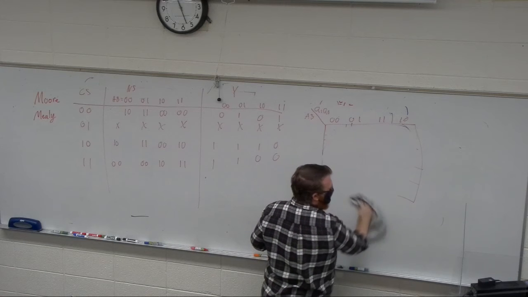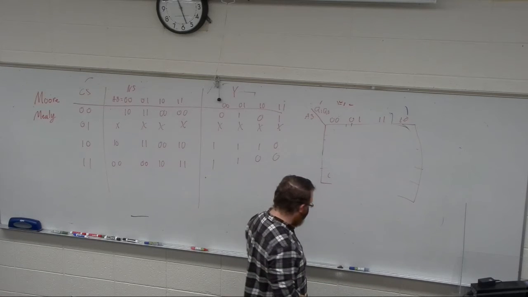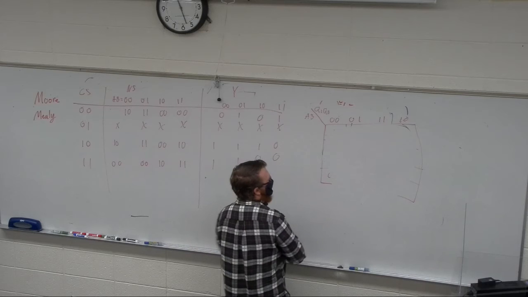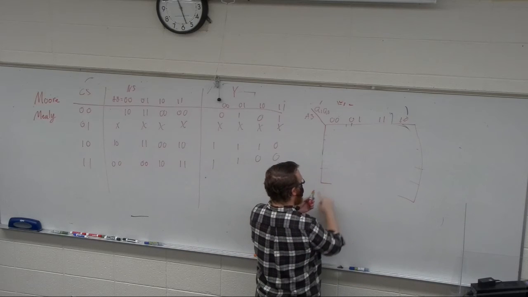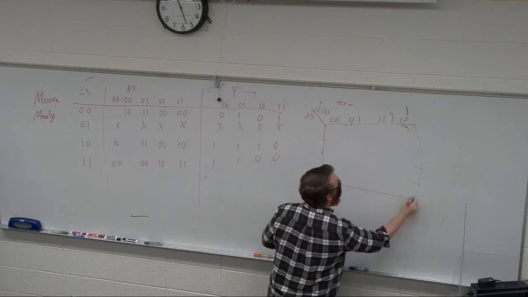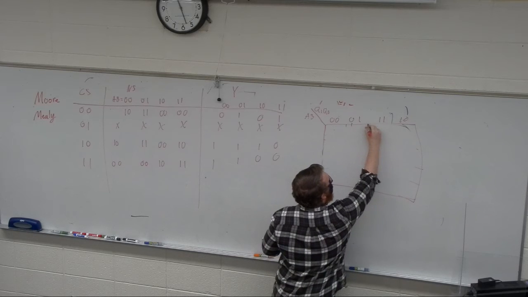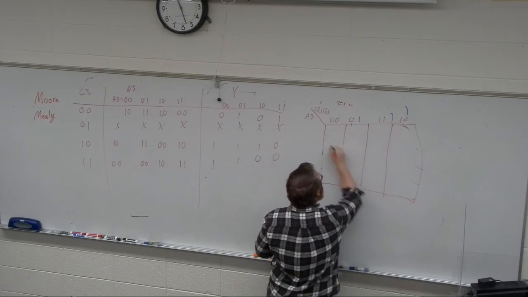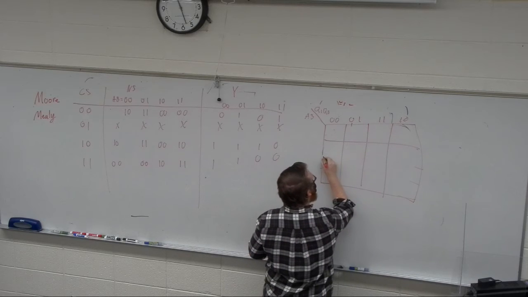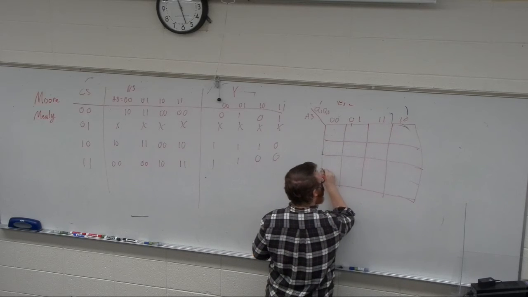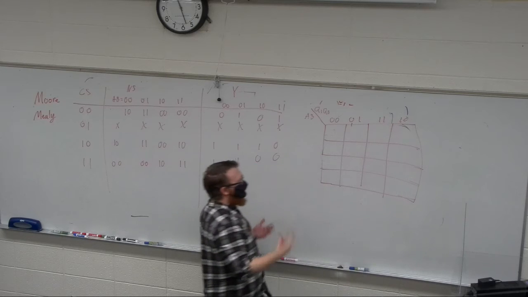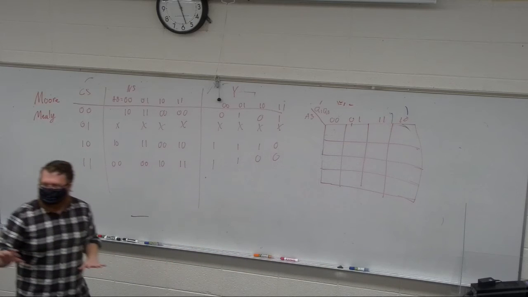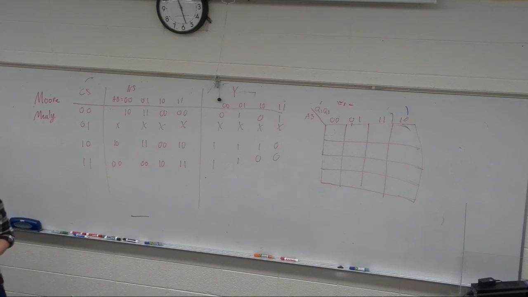Now this is where the don't cares actually come in a little bit handy. But we'll do it without. So if we just implemented this directly, you're going to start seeing a problem pretty quickly, right?